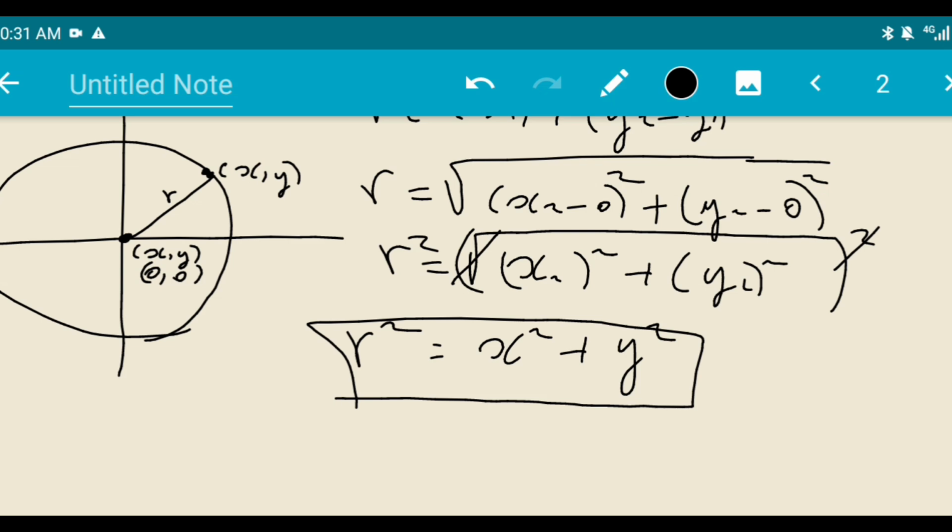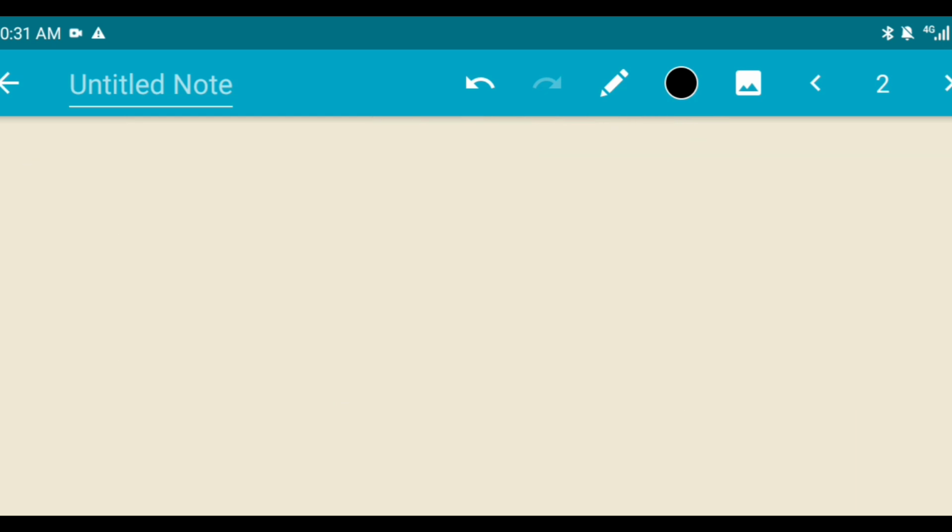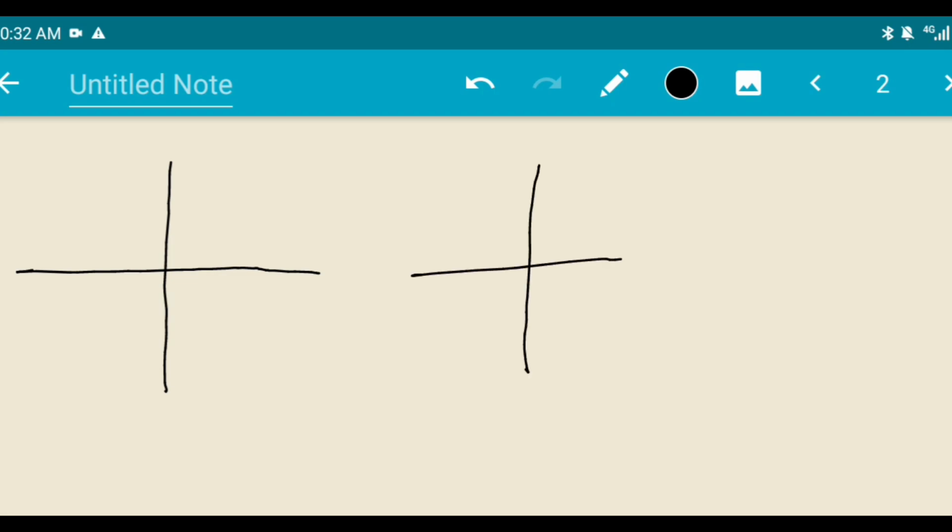Okay, so now let's move on to something different, and that is a parabola. Yeah, I think the pronunciation depends on the structure of your mouth. So if you've got, let's see, this is your x, or your xy plane, and then you've got another one here, and another one here.